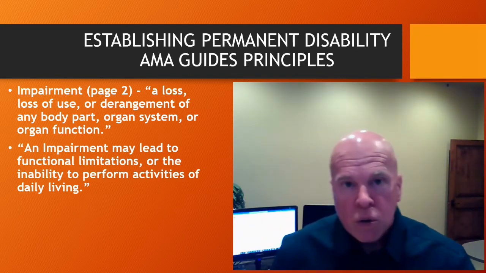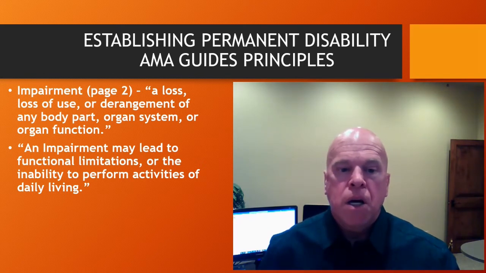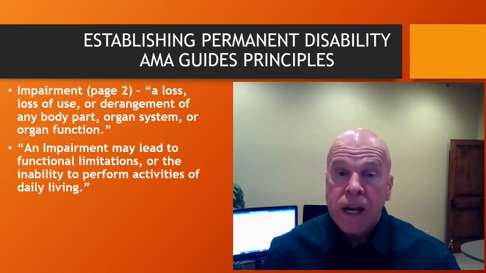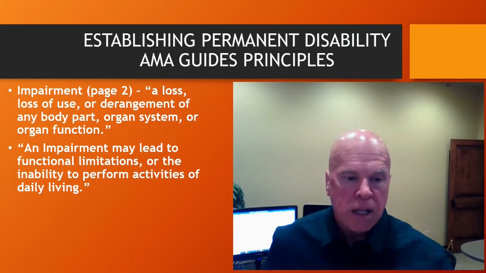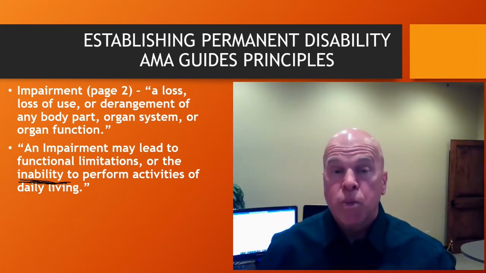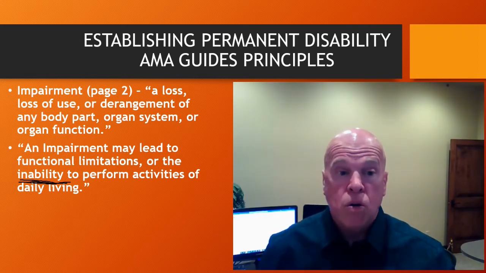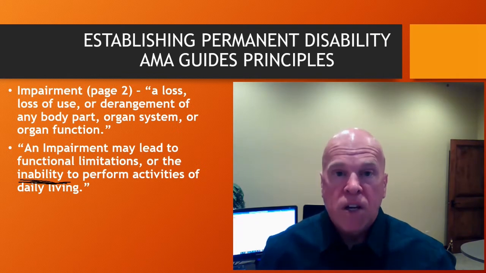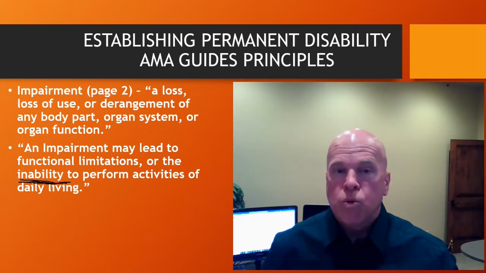Now, loss of use is quantified by how that impairment leads to functional limitations or the inability to perform activities of daily living. So here the guides tell us that the activities of daily living assessment that we do in our evaluation is as critical as any investigation that we do into the loss of use or derangement of any body part, system, or organ.